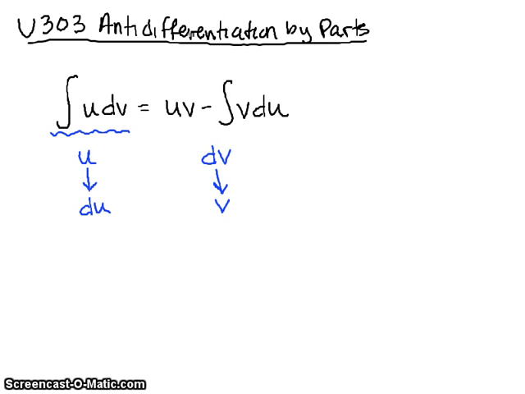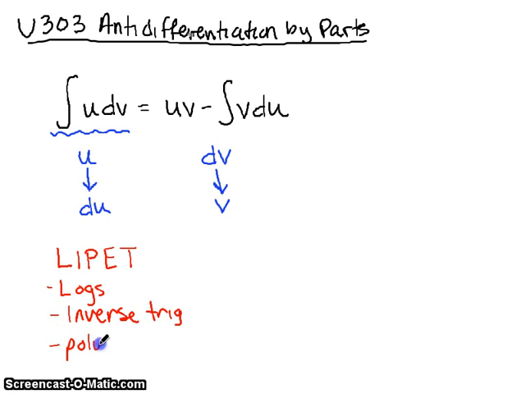Luckily, we have a mnemonic device to help us figure out what our u is going to be, and that mnemonic device is LIPET. L-I-P-E-T stands for logs, inverse trig, polynomials, exponentials, and regular trig.